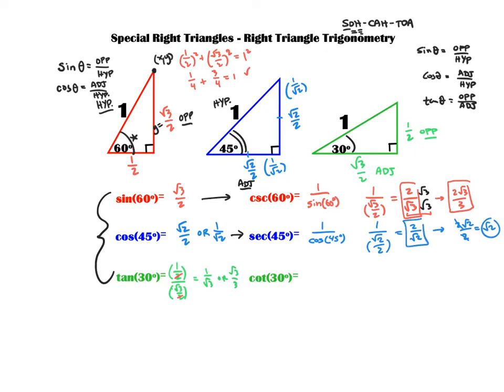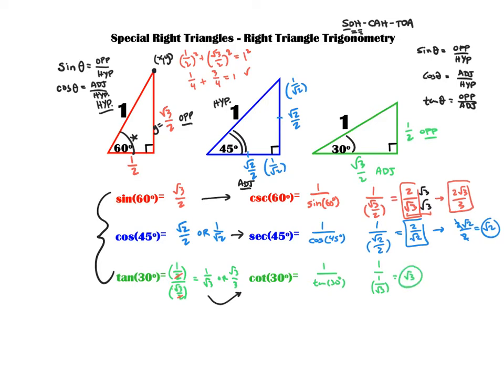Cotangent is the reciprocal of tangent. So cotangent of 30 would be 1 over tangent of 30. And 1 over tangent of 30 would be 1 over root 3. And you'll see why I chose this one. If I take 1 over root 3, that's the same as root 3.